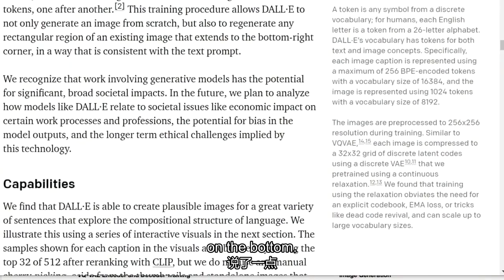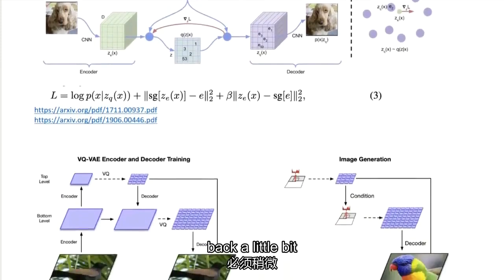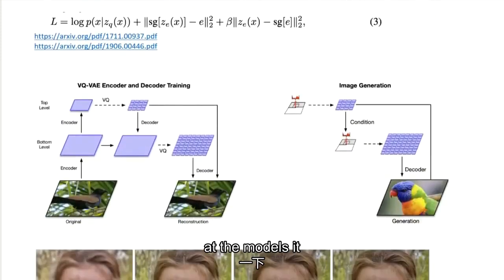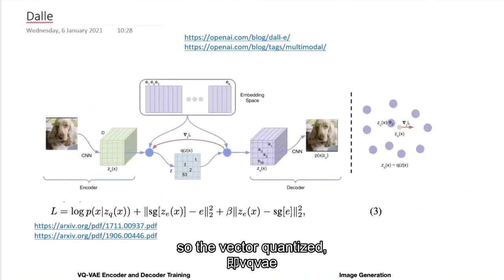And they say a little bit more here on the right, and also a little bit more down on the bottom. So I'm going to try to take a stab at explaining how this model works, with the full knowledge that I might be wrong once the paper comes out. For that, we have to go back a little bit and look at the models it draws from, namely the VQ-VAE, the vector quantized VAE literature.